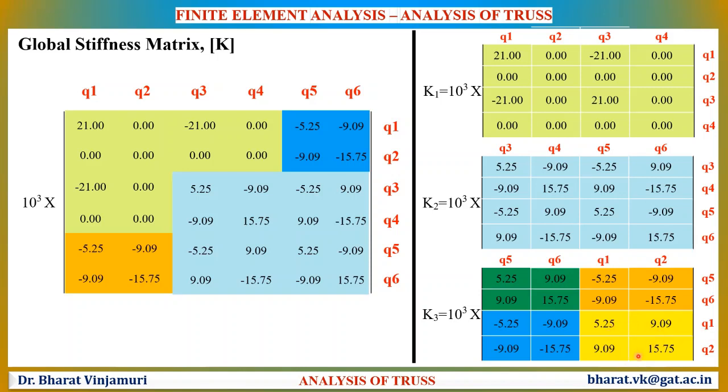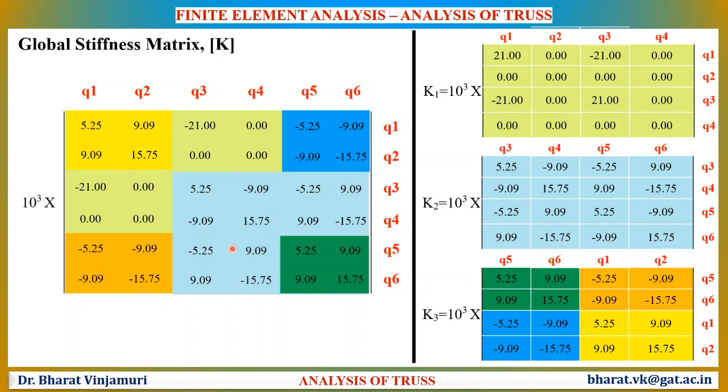Therefore, this yellow color one belongs to this area, Q1, Q2. Similarly, the green color one, which is in between the columns Q5, Q6 as well as the rows Q5, Q6, happens to be in this area. Thus, the matrix has to be assembled.